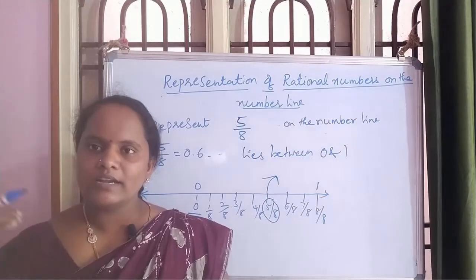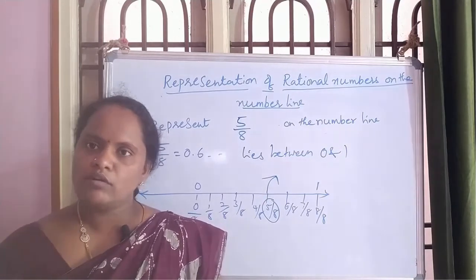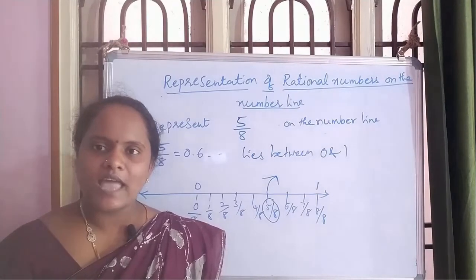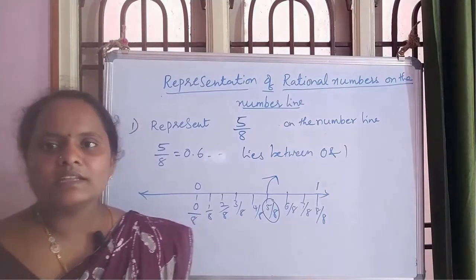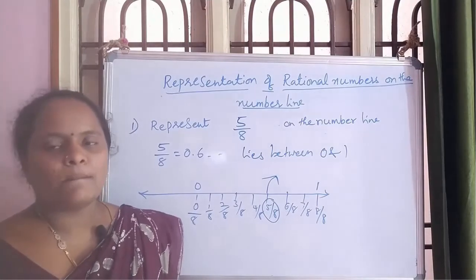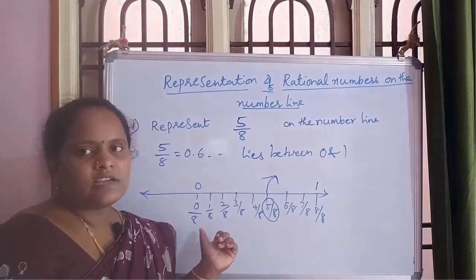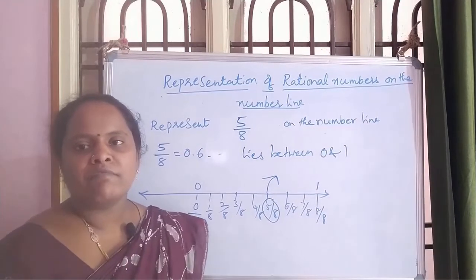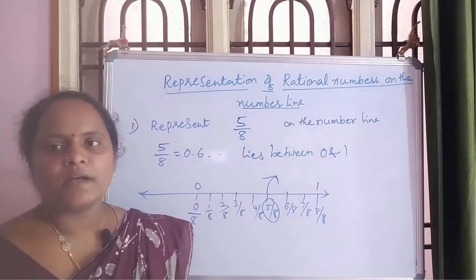In between 0 and 10, I have 1, 2, 3, 4, 5, 6, 7, 8, 9 integers. So in between any two integers, I have a limited number of integers, but it is not the same with rational numbers. In between any two rational numbers, there exist infinite rational numbers.